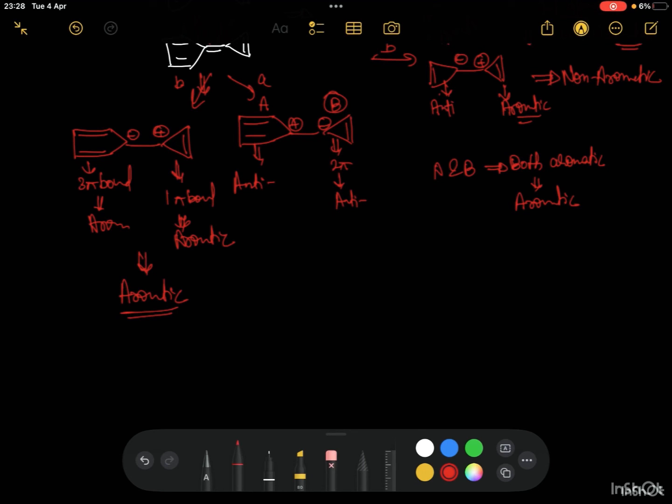Now if A and B, any one is anti-aromatic, that means that compound is non-aromatic.